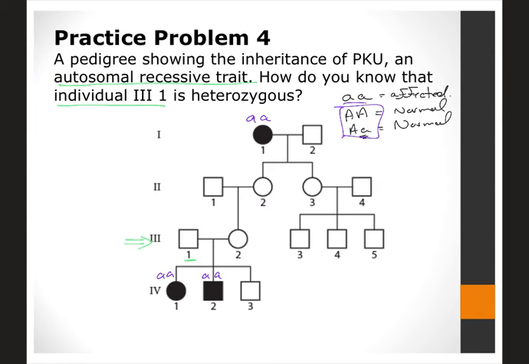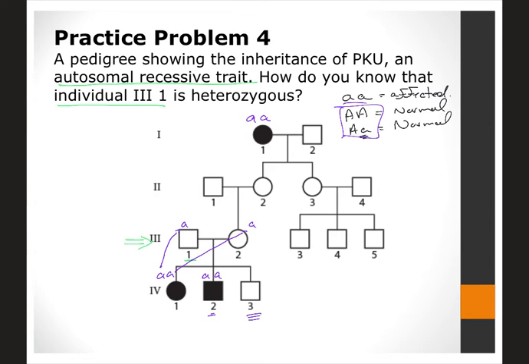When we unpack it, the fact that both of these kids had a little a means that one of the little a's from their first daughter had to come from dad, and the other little a had to come from mom. So we know that they both had to at least carry this affected allele. We know that, and the same thing with their firstborn son.